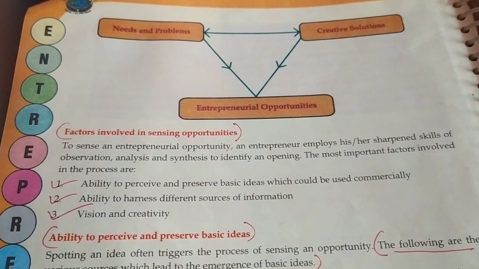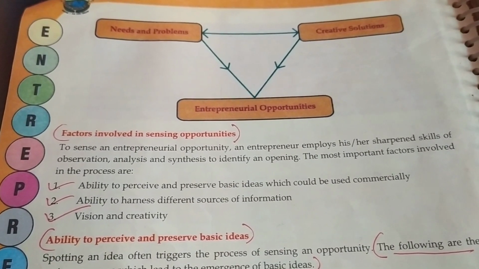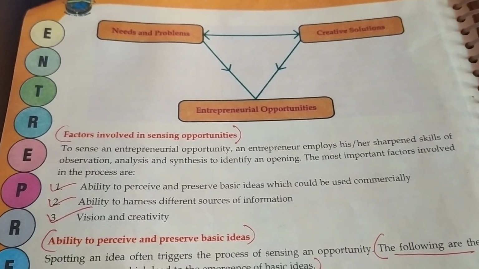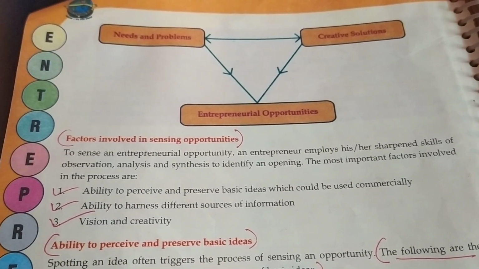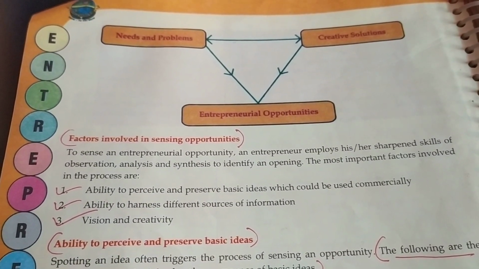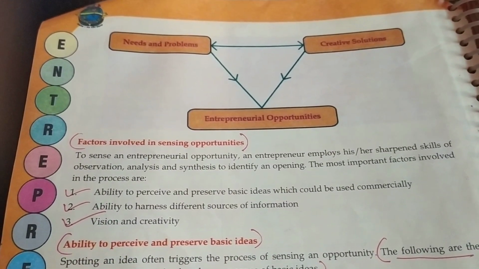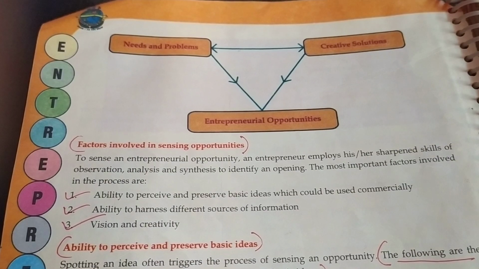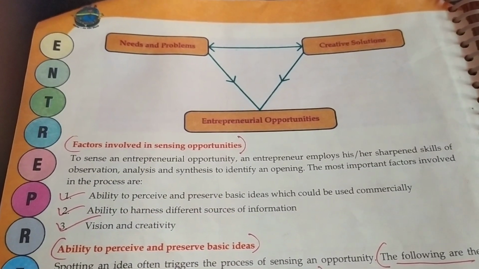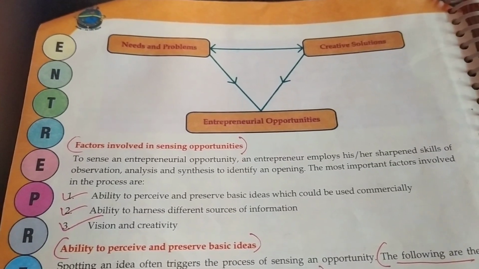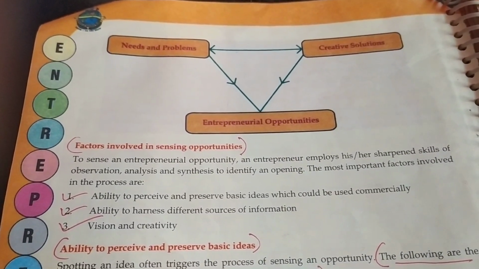So your ability, your quality, your competence to perceive and preserve the basic ideas, the random ideas that come to your mind, the basic ones, without judging or analyzing them, but just ideas coming to your mind. So that is the first point, your capability, quality, ability to perceive and preserve the basic ideas.